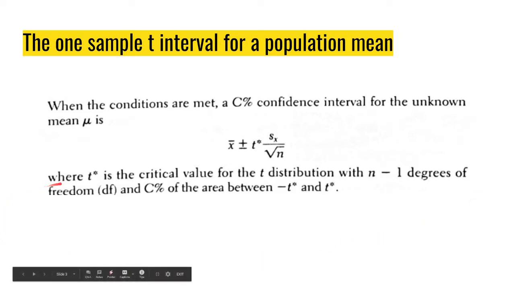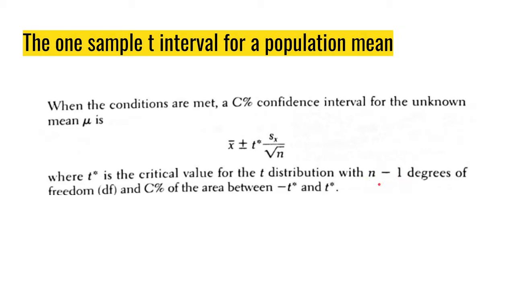This is very easy to use. Degrees of freedom is just your sample size minus 1. If my sample size is 5, my degrees of freedom will be 5 minus 1, which is 4. It's just that simple. And the C percent of the area is between negative t star and t star.